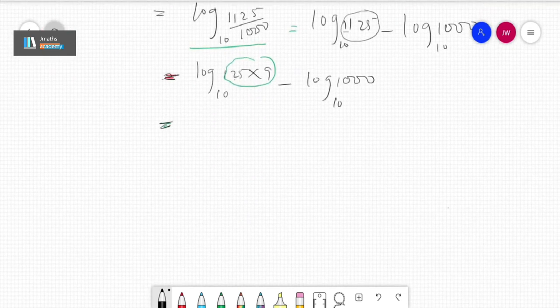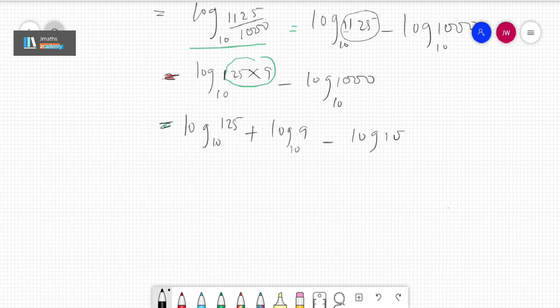So the next step is to break it down further. Since we know this is a product rule, we'll expand it into an addition form of log 125 base 10 plus log 9 base 10 minus log 1000 base 10. And I can also break my 125 further by factorizing.